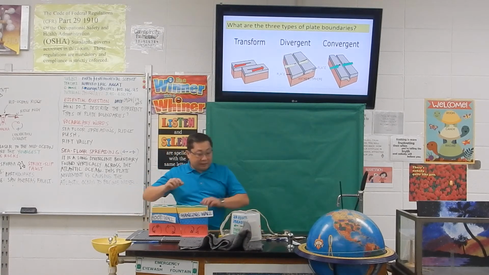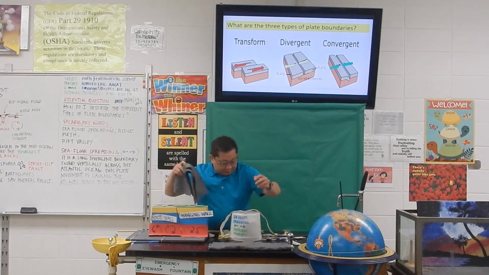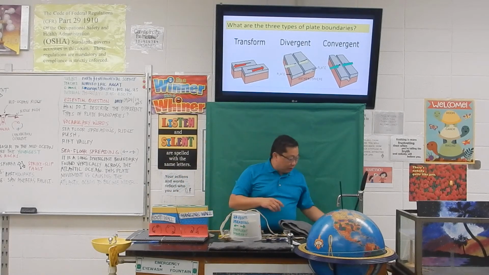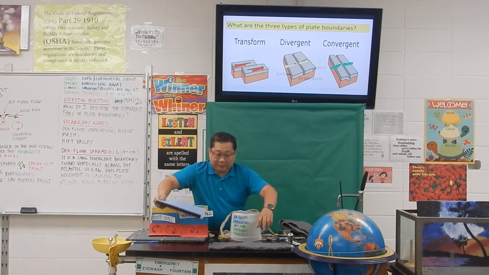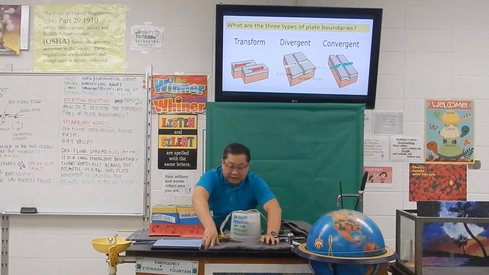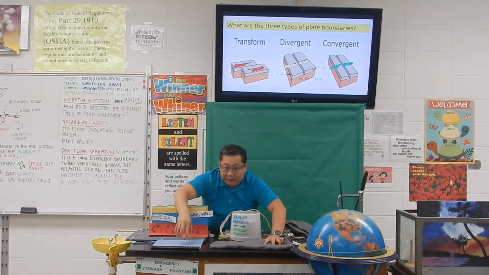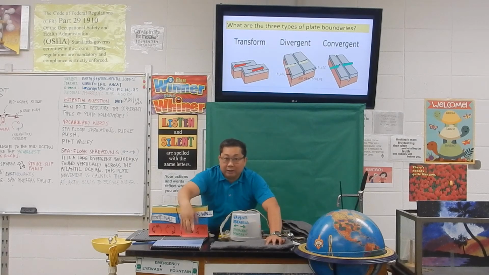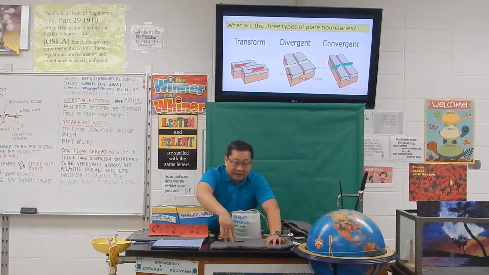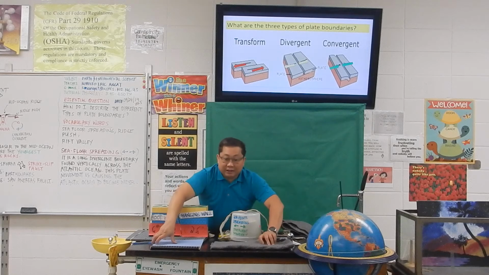Another thing that happens in a convergent boundary is this. We'll use this book. Now, this is lighter, this is heavier. We will consider the heavier, denser one as the oceanic plate, and the lighter, less dense one as the continental plate.